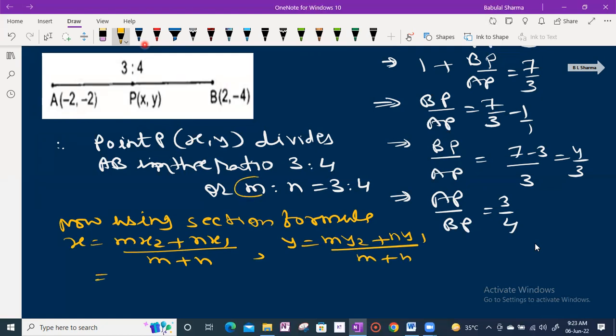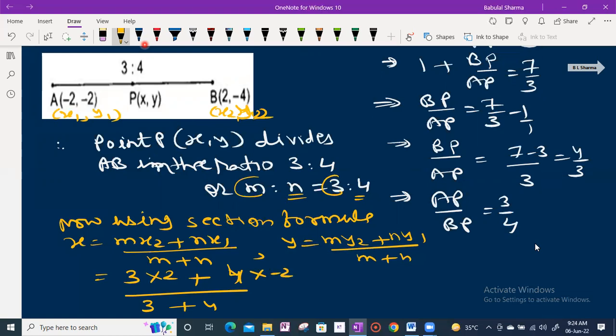If m is 3, then n is 4. So we can write 3 plus 4, that is 3 plus 4. Now what is x2? This is x2 and this is x1. Sorry, y2. This is x1 and y1. So into what is x2? x2 is 2 and x1 is minus 2.